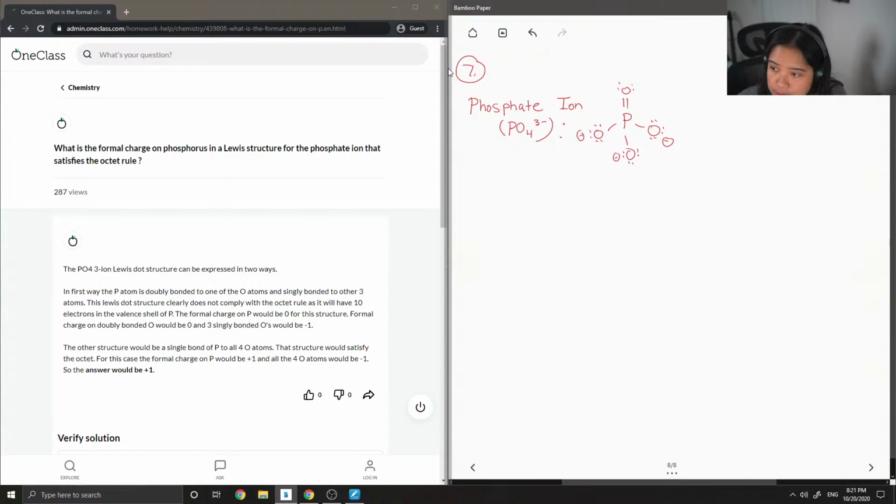And then it can also be drawn like this, where all of the oxygens are singly bonded to the phosphorus.